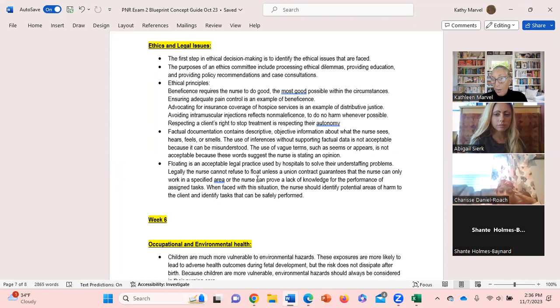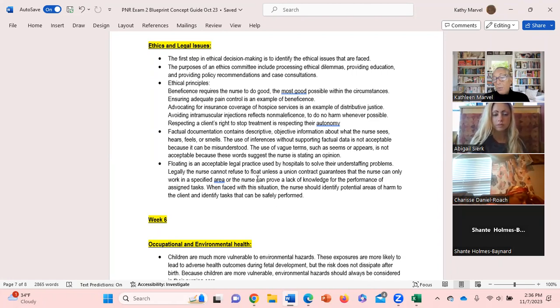We want them to be part of the planning for what they want to happen. That's autonomous. So for example, autonomy means respecting the client's right to stop treatment. We have to respect that.